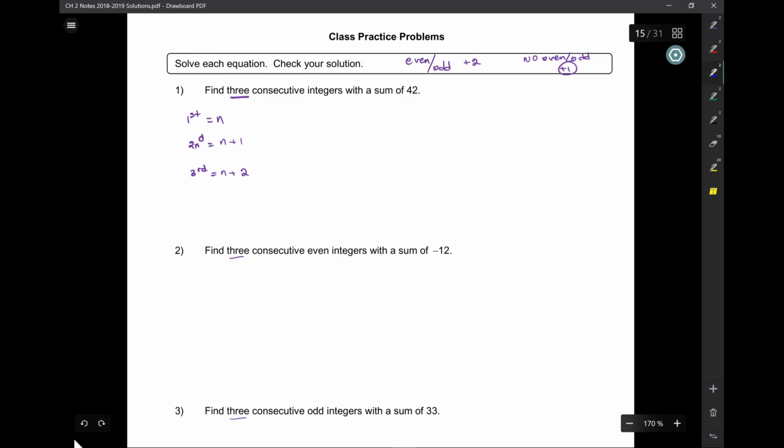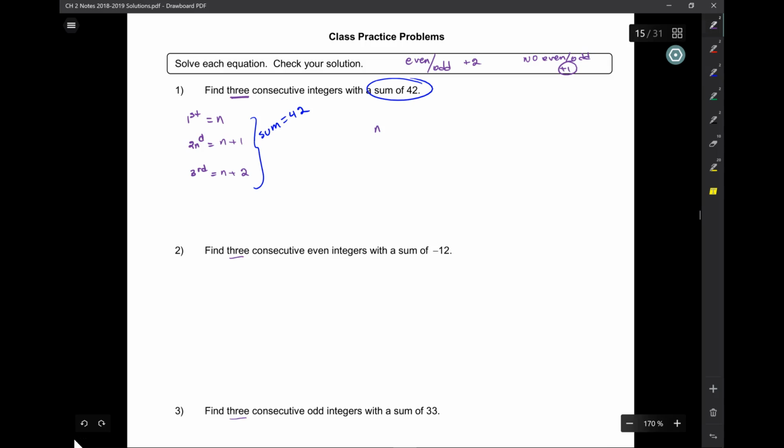Then I go, okay, that's all fine and well. What do I know about these numbers? And how much do they add up to? They add up to 42, right? So then I say, okay, their sum is 42. So now the next step is add them all up.